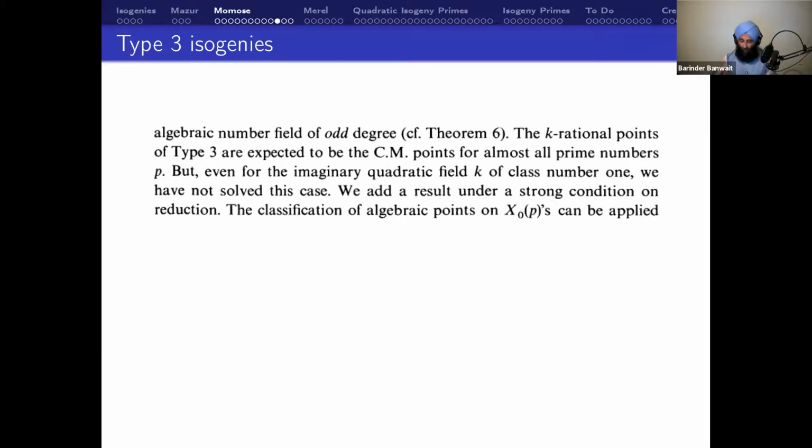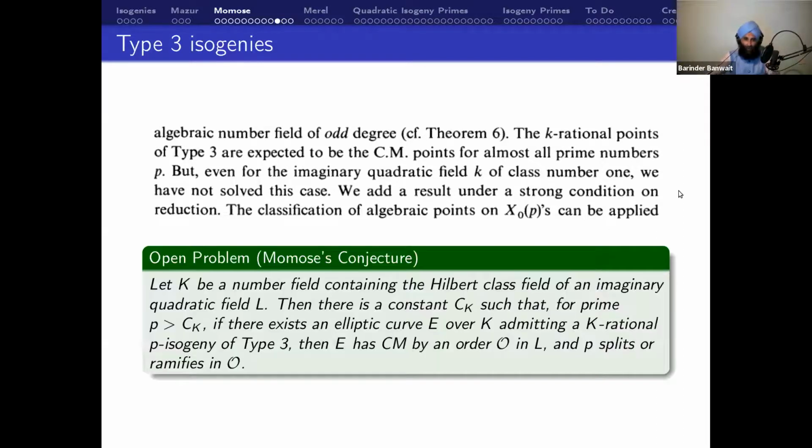He believes that almost all of these type 3 isogenies arise from CM, but he's not able to prove this in full, and he gets some partial results, which you can find in the final section of his paper. As far as I'm aware, this is still open, so I'm going to call this Momose's conjecture, which is that for a number field K, almost all of the type 3 isogenies arise from CM.